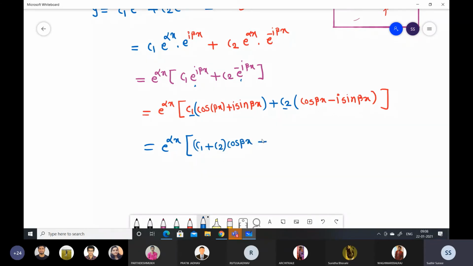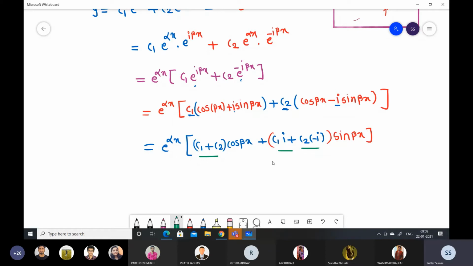Now collect the coefficients of sin beta x: C1 times i, and C2 times minus i, so plus C2 times minus i, multiplied by sin beta x.